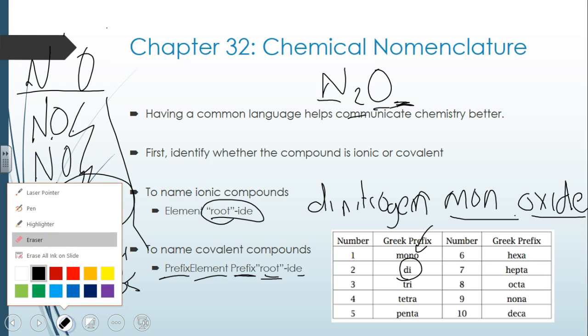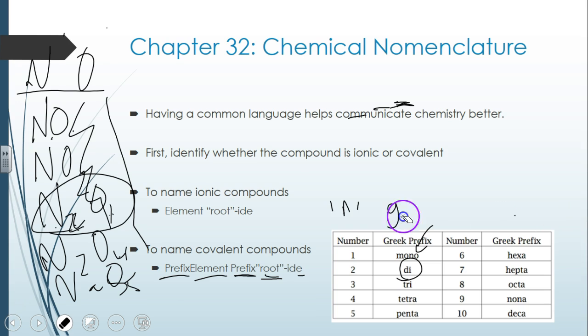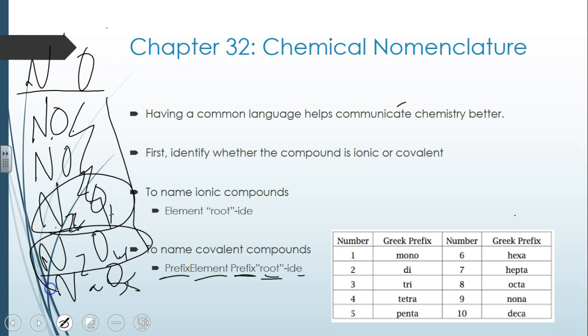So now what else? Let's do another one of these. Let's do the next one underneath here: N2O4. Again, prefix. What's the prefix for two? It's di. So dinitrogen.